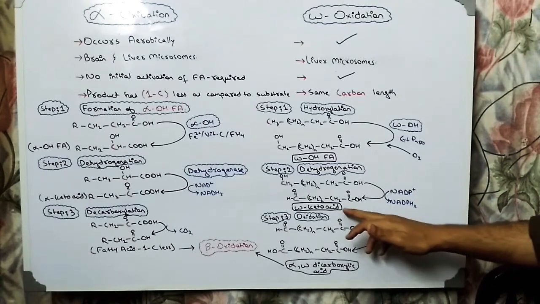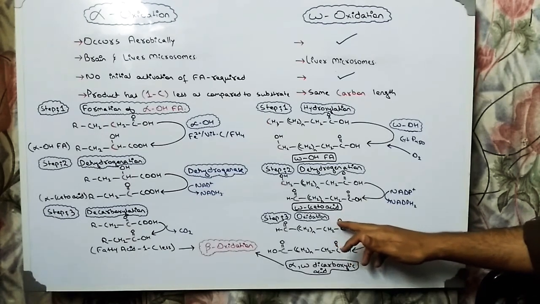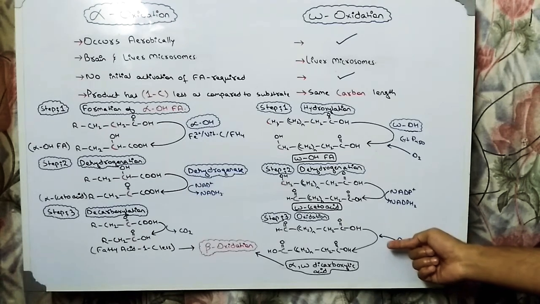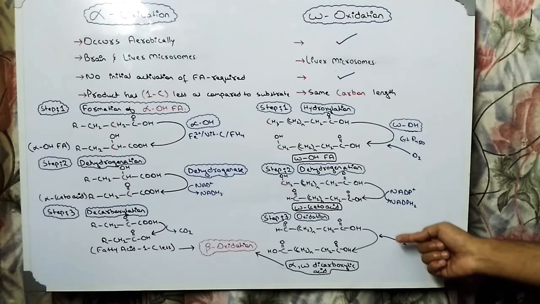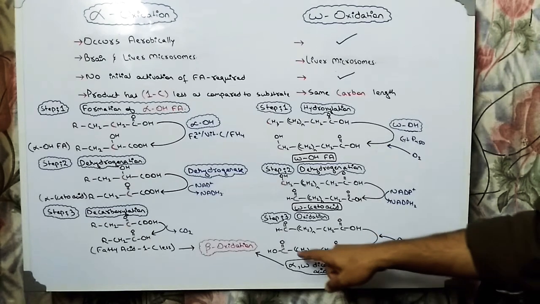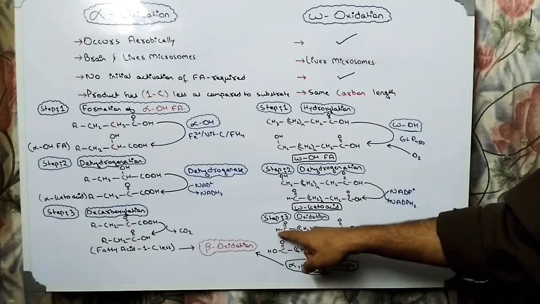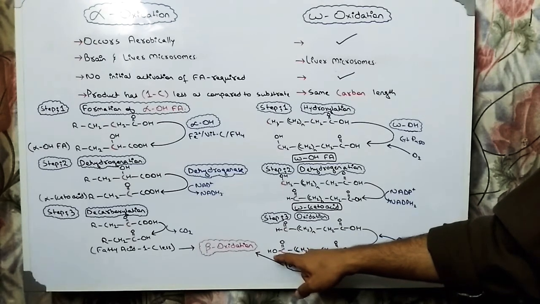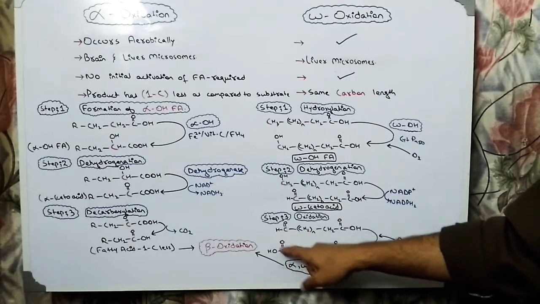The product, the omega keto acid, enters the next step, which is the oxidation step. In this oxidation step, by the addition of molecular oxygen in the presence of an aldehyde enzyme, the hydrogen is replaced and this becomes a hydroxyl group. As you can see, the oxygen is attached to this hydrogen.